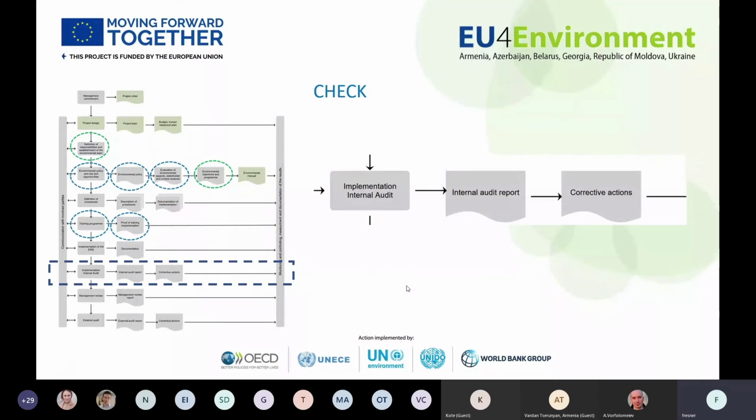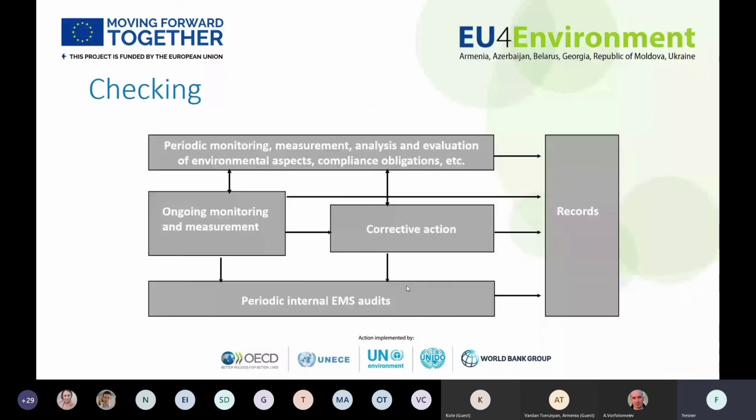And in these next few slides, we will discuss how to plan an environmental audit, who is part of the environmental audit, how an environmental audit is conducted, and how it is documented. This checking has the following elements.